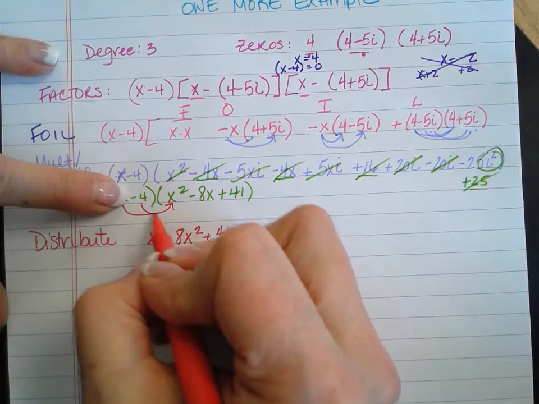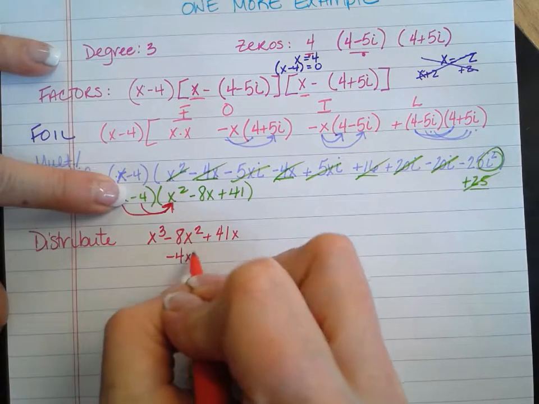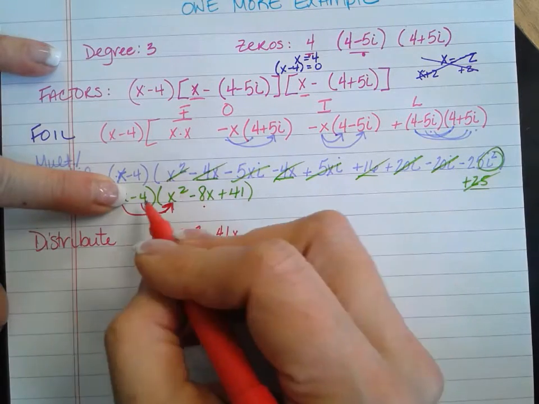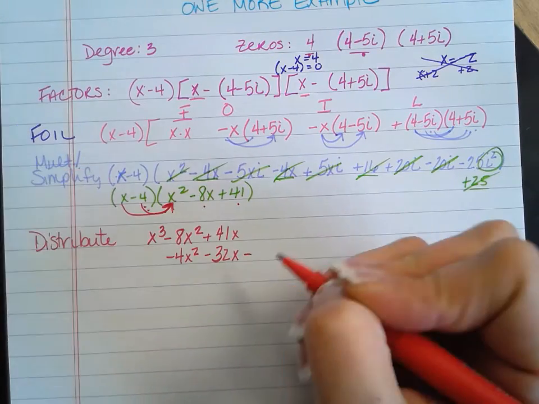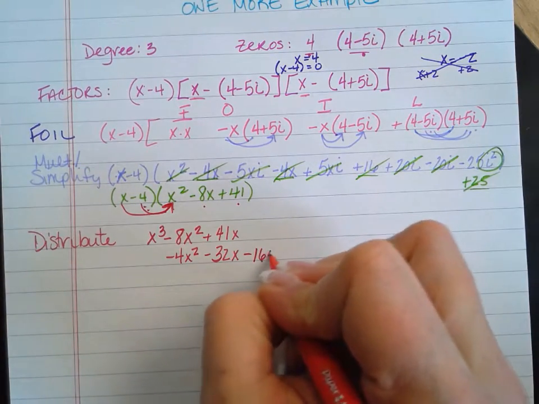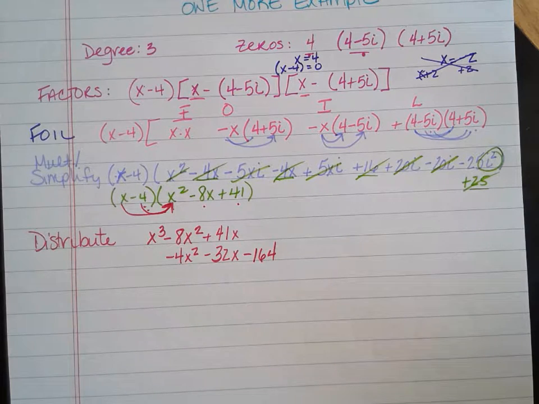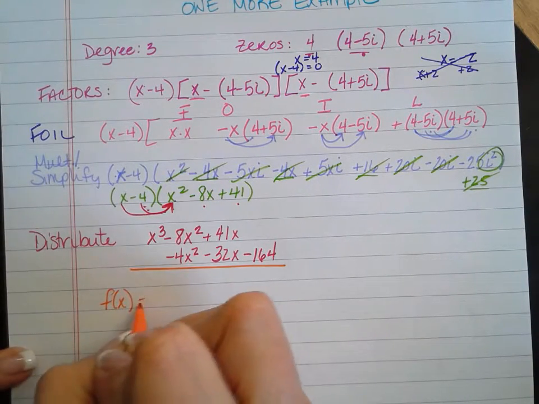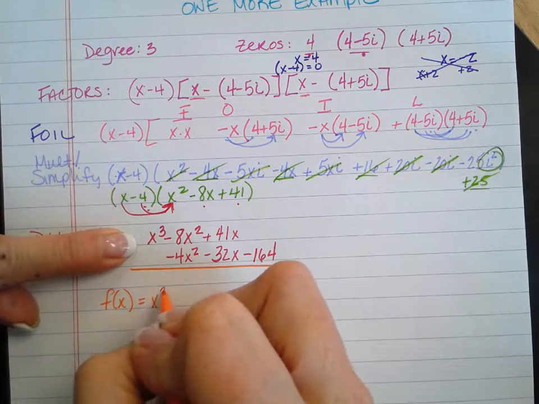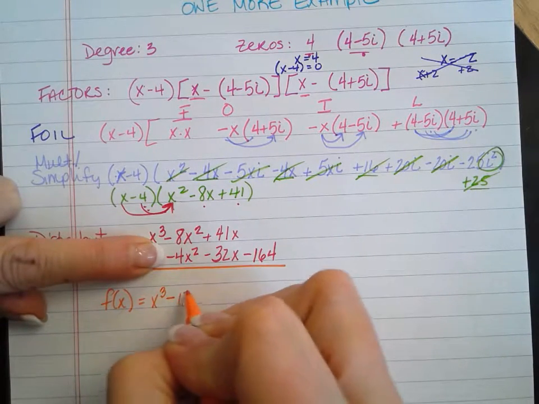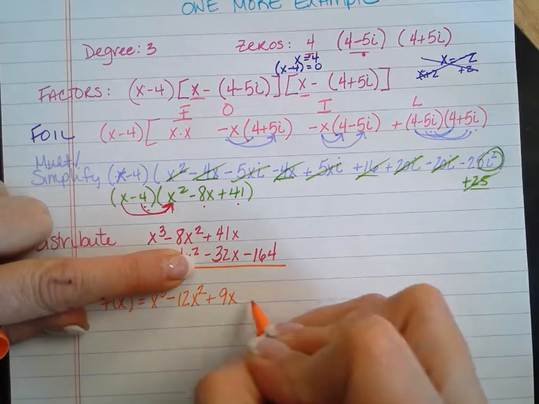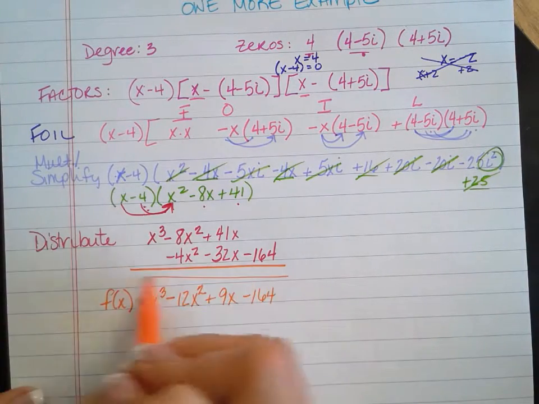And then negative 4 times x squared, negative 4 times negative 8x, and negative 4 times 41 is going to give me 164. And finally, we get our polynomial of x cubed minus 12x squared plus 9x minus 164.